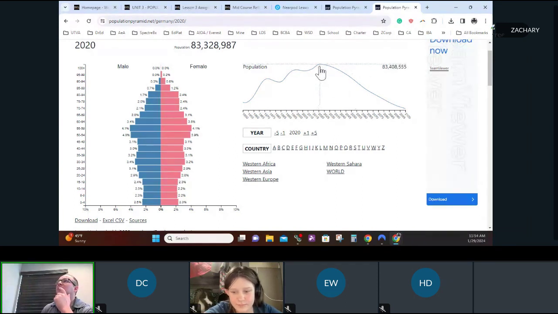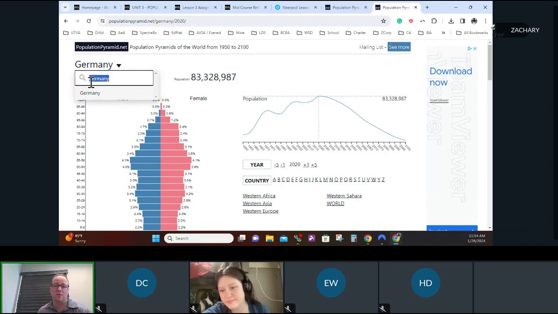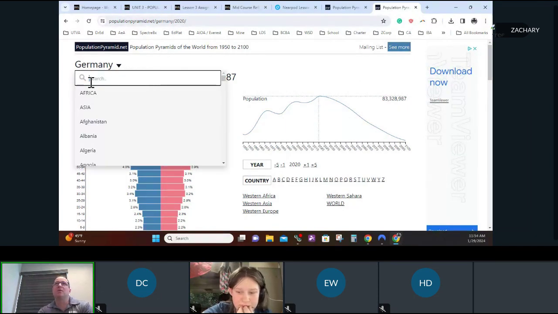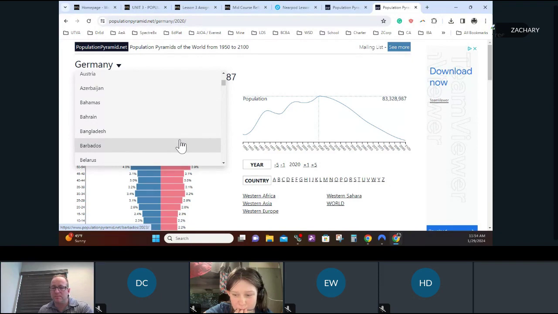They're getting to a point where they're at their peak and they're going to start decreasing in population. A lot of European countries are really worried about that around the world, that we're going to decrease in population, especially in first world countries, because most people are not having as many babies as they used to.